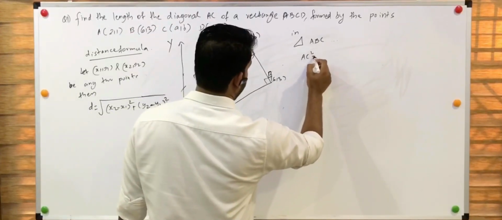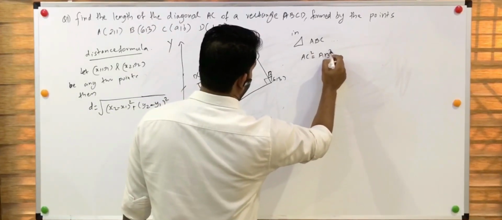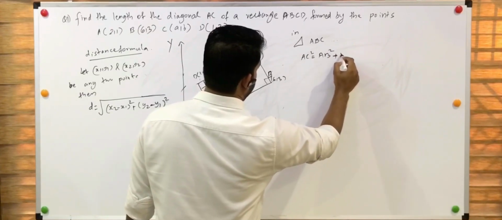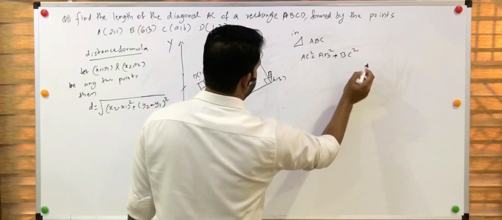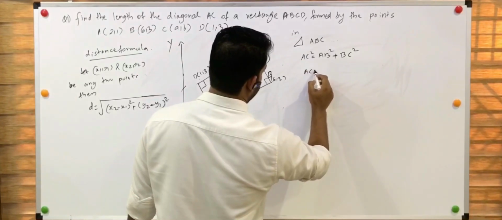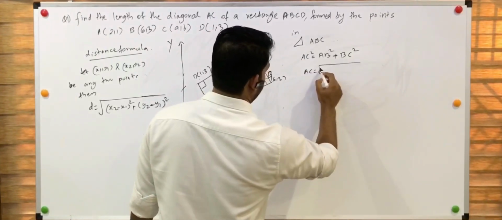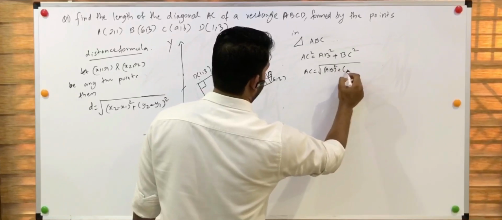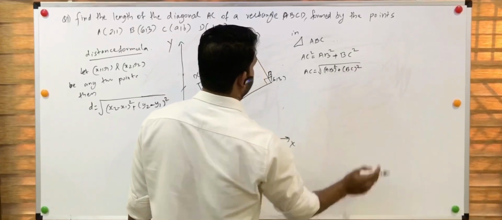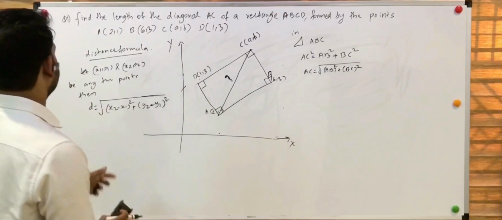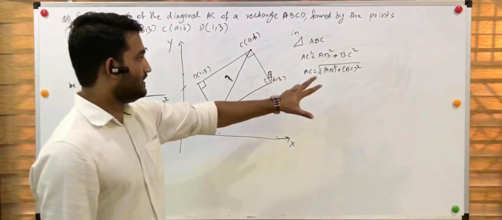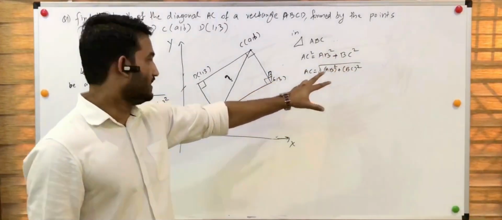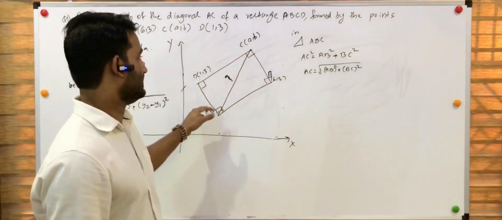AC square is equal to AB square plus BC square. So AC is equal to root of AB square plus BC square. This is the Pythagoras theorem we apply in this problem to find the length AC.